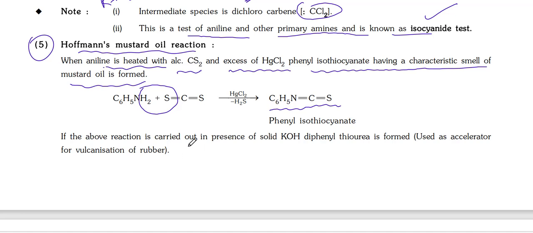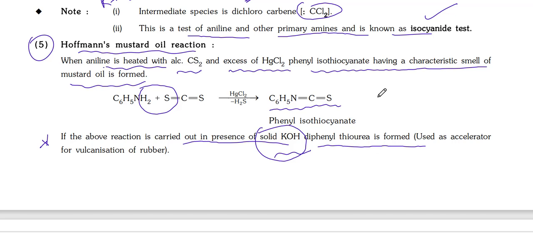If the above reaction is carried out in the presence of solid KOH, diphenyl thiourea is formed. Okay, just a note point. जनरली हम क्या लेते हैं, सॉल्यूशन लेते हैं, ठीक है, और here KOH use किया ही नहीं. Suppose if you use solid KOH, then diphenyl thiourea is formed.